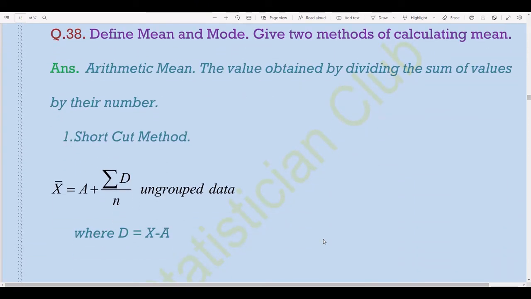Question number 38. Define mean and mode. Give two methods for calculating mean. Arithmetic mean is the value obtained by dividing the sum of values by their number. X bar is equal to sum of x over n. This is the direct method, the sum of all observations divided by the number of observations.